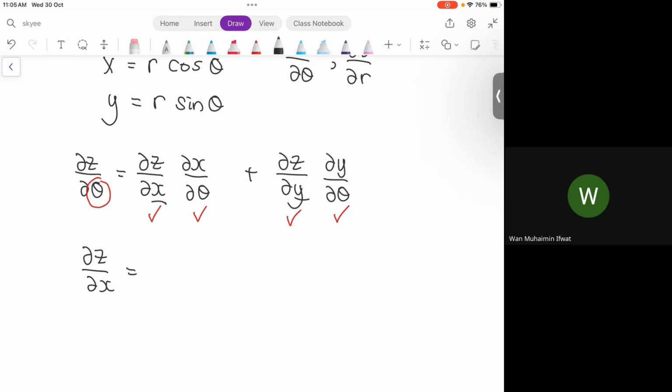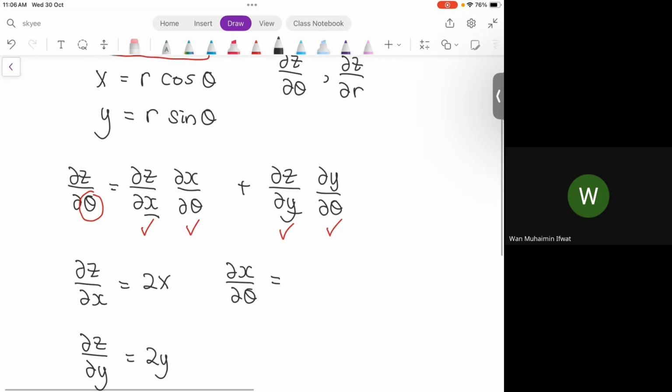It is very easy: 2x. And del z del y equals 2y. For del x del theta, you differentiate with respect to theta, so r is a constant and cos becomes negative sine theta: negative r sine theta. And del y del theta will be r cos theta. This is the way you do it.